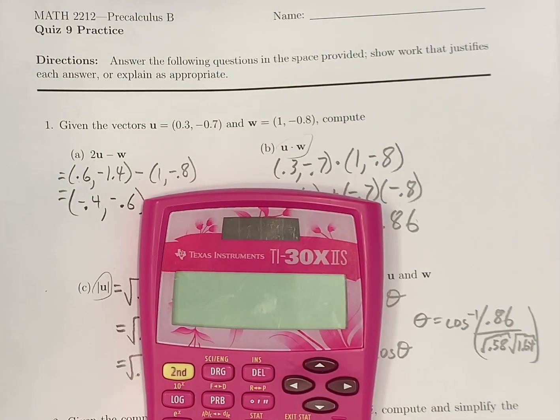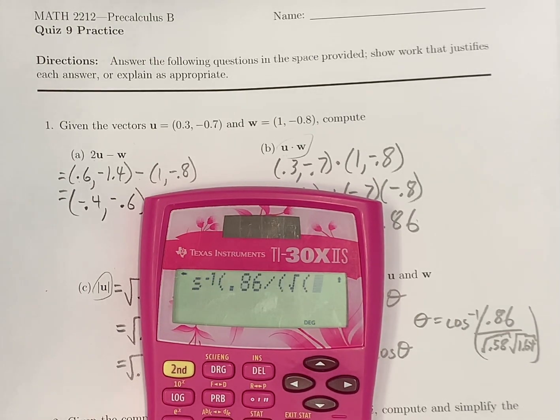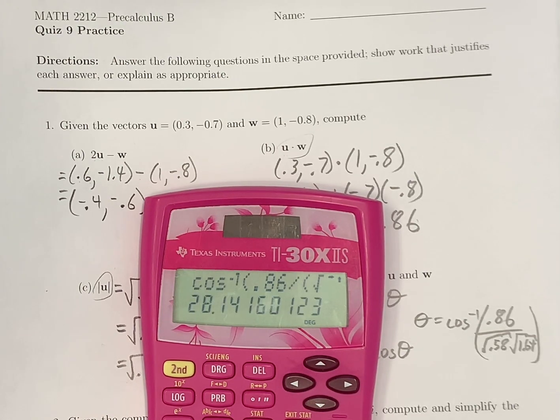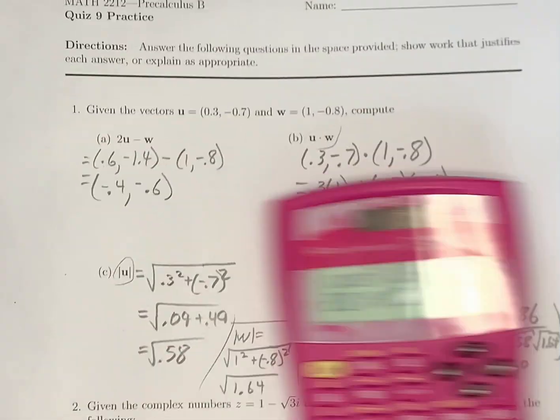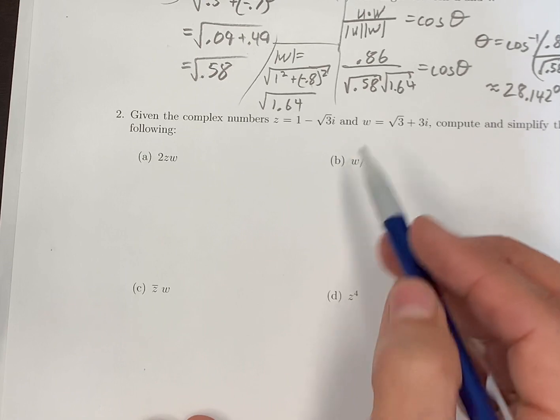If I'm in degrees and I take cosine inverse of 0.86 divided by the quantity square root of 0.58, close the square root, times square root of the quantity 1.64, close that, close the parenthesis, close the cosine inverse, and I get about 28.142 degrees.